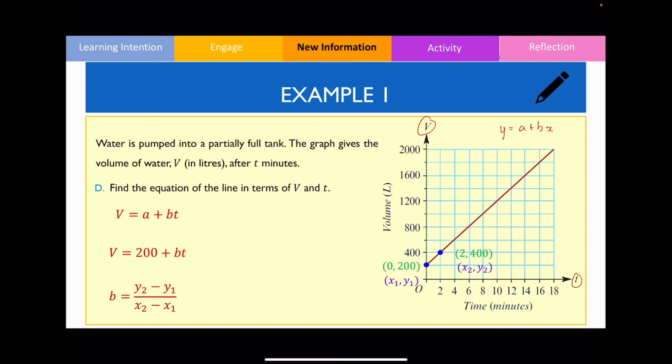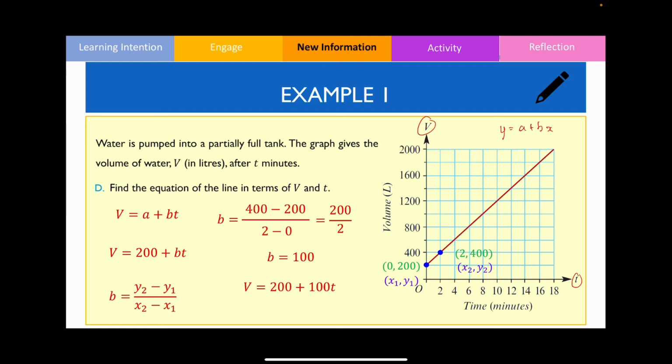So in this case, y2 minus y1 will be 400 minus 200, and then it will be over 2 minus 0. If I simplify this, it's going to be equal to 200 divided by 2, which is the same thing as 100. So now that I've got my gradient value, I'm going to substitute it back into the equation. So it's going to be V is equal to 200 plus 100t.